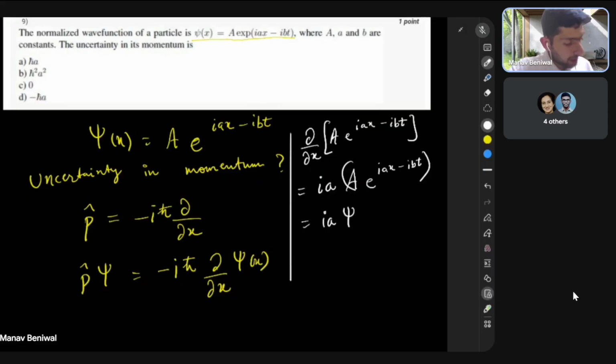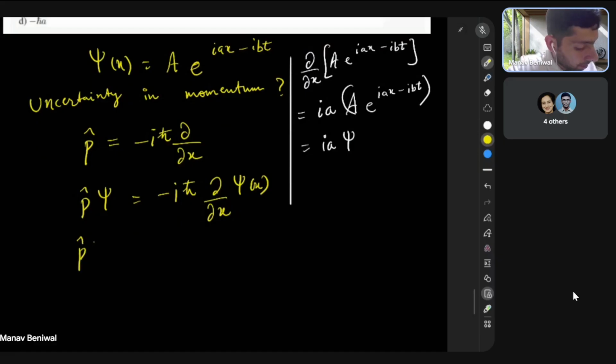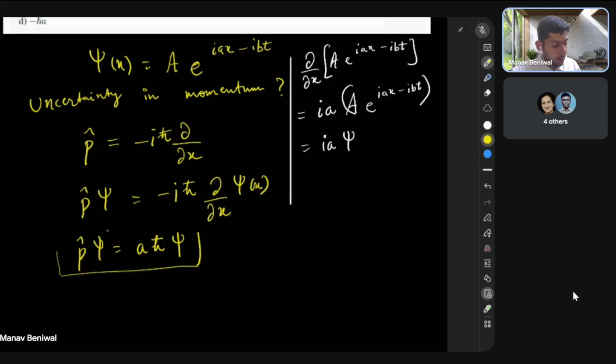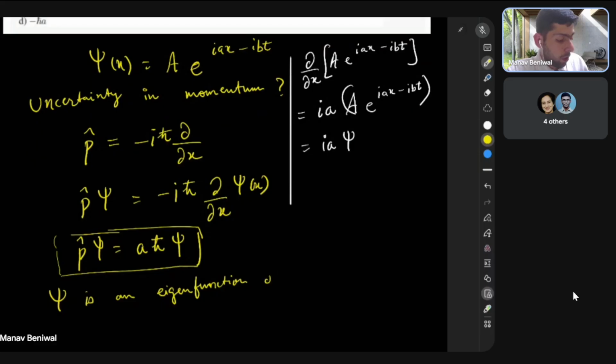So what we get here, we get that our p of psi, this iota squared is -1 and this becomes +1. So it's just a times h cut psi. Now if we look at this equation, what we notice is that this psi is an eigenfunction of our momentum operator, correct?